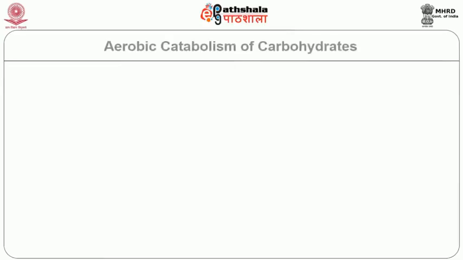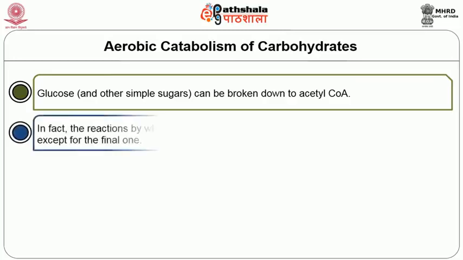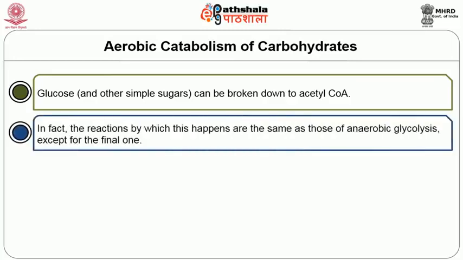Now we'll study aerobic catabolism of carbohydrates. Glucose can be broken down to acetyl-CoA. In fact, the reactions by which this happens are the same as those of anaerobic glycolysis, except for the final one.